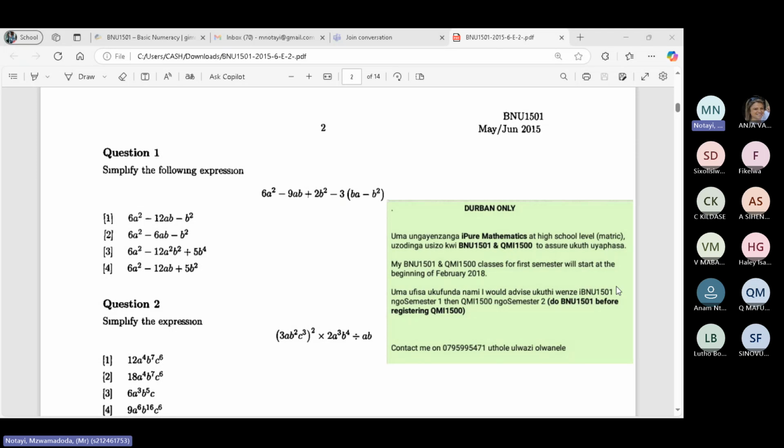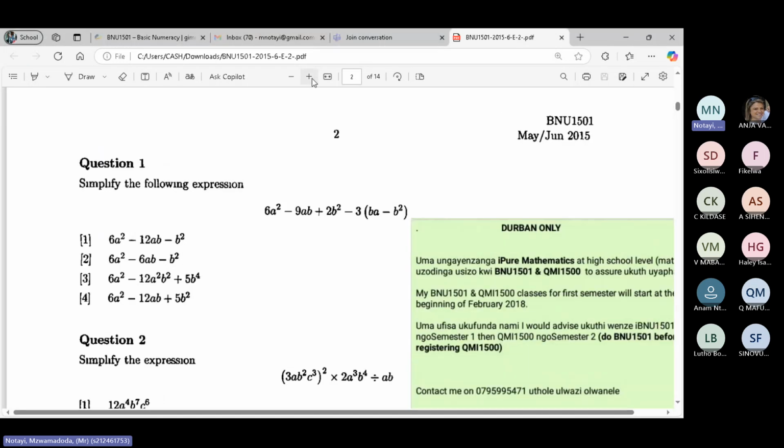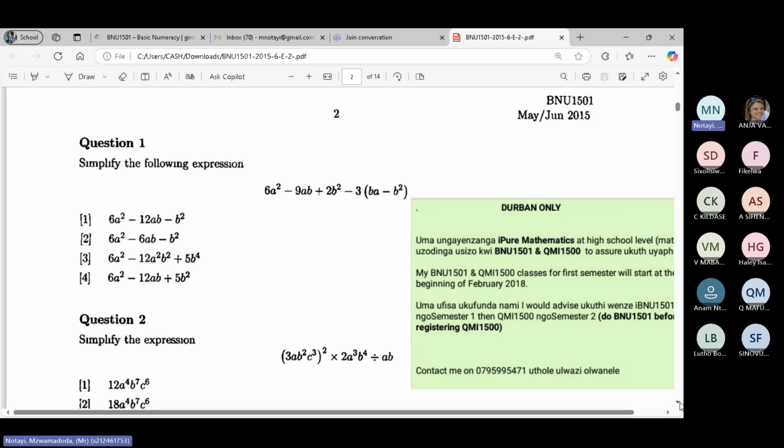The question says simplify. I don't know if you can see it clearly now. Simplify the following expression.